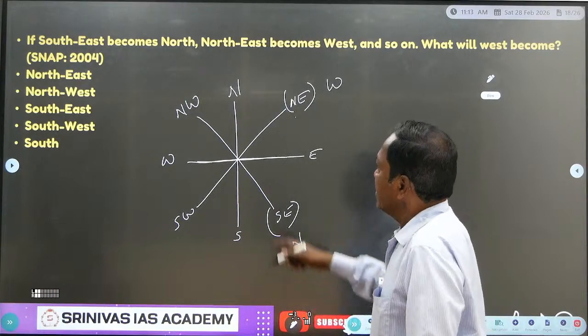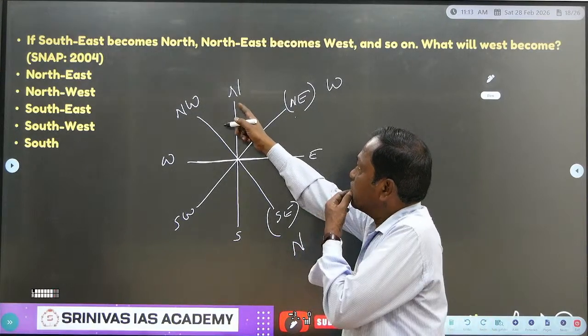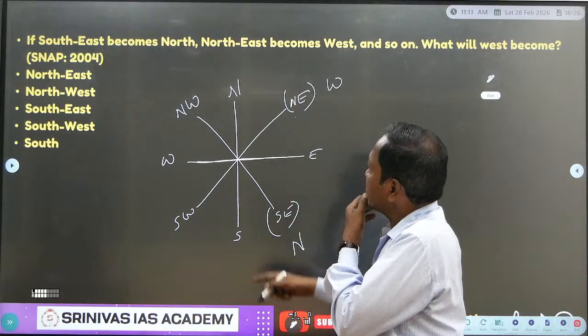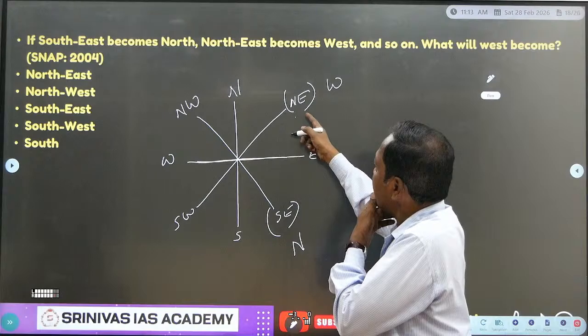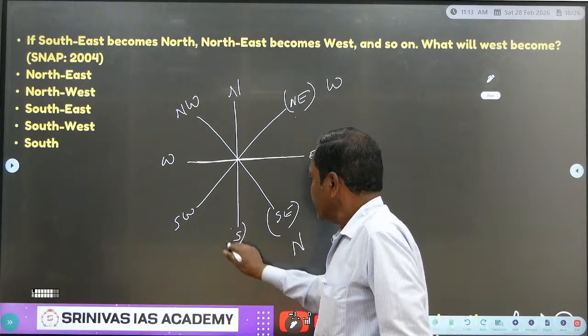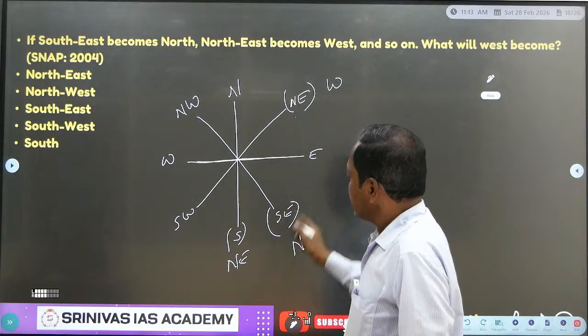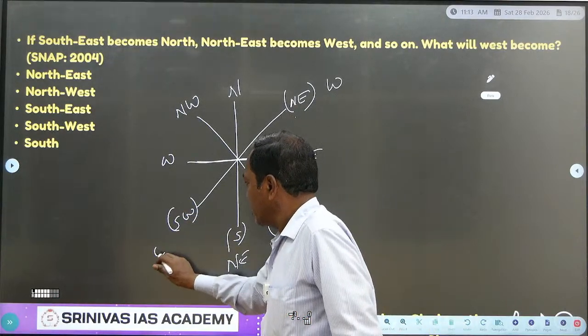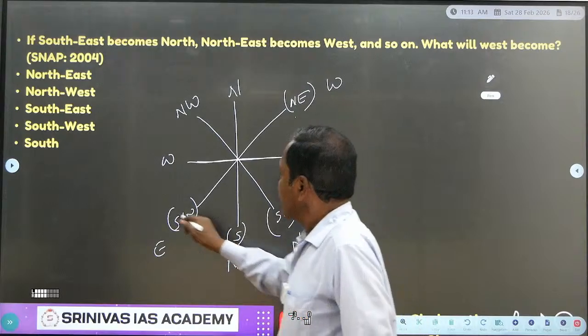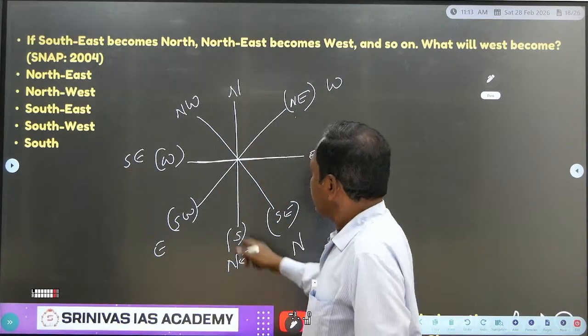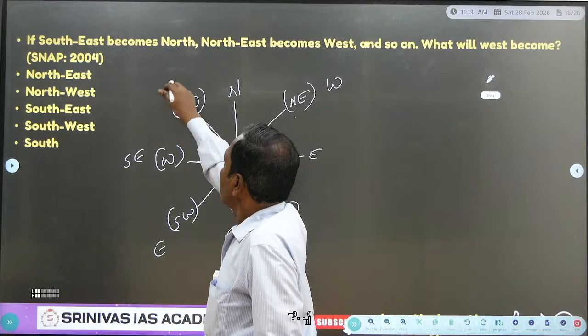Anyway, let us take north as a starting point, north is here. If you go in a clockwise direction, after north comes northeast. After northeast is east. After east, southeast. After southeast, south.